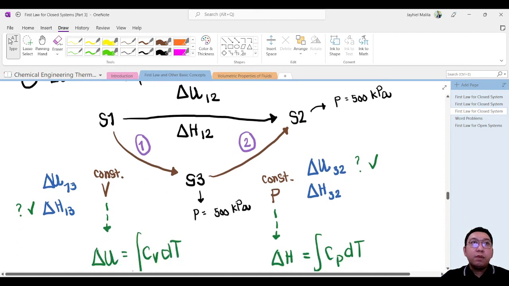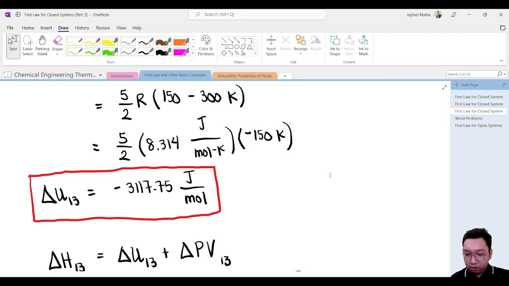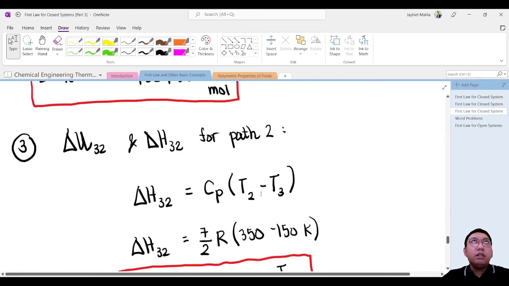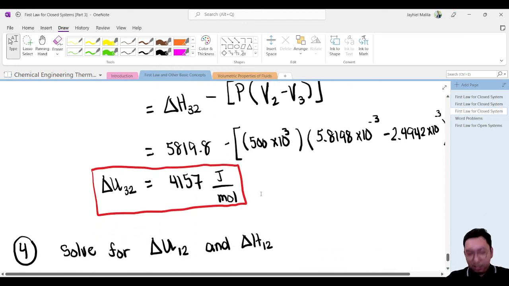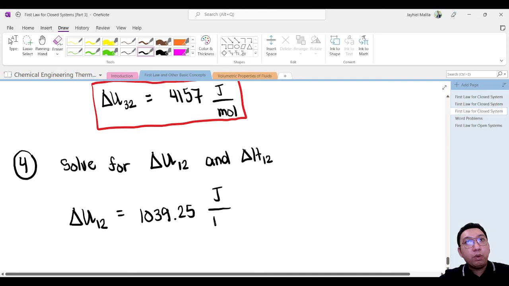So this is the sum of delta U13 and delta U32. Okay, so let's sum it up. Negative 3117.75 plus 4157. We have here 1039.25 joules per mole.